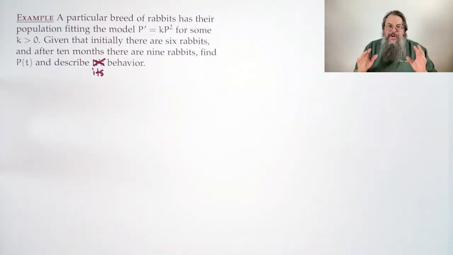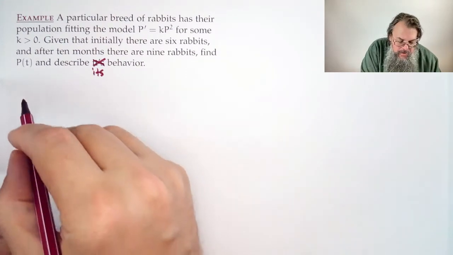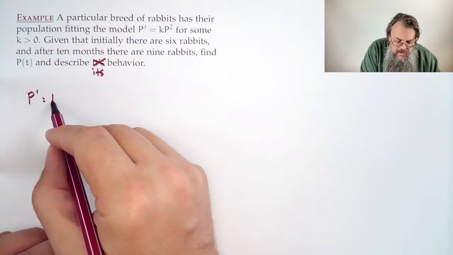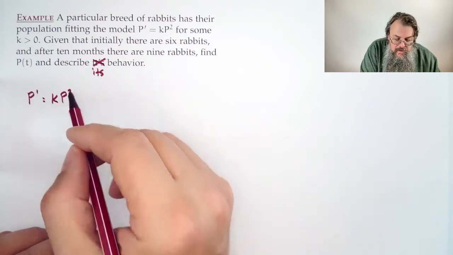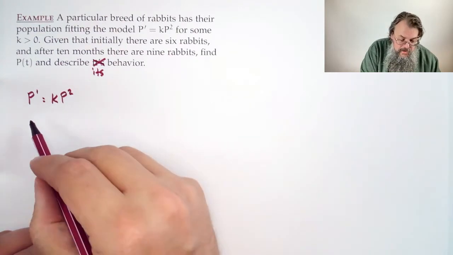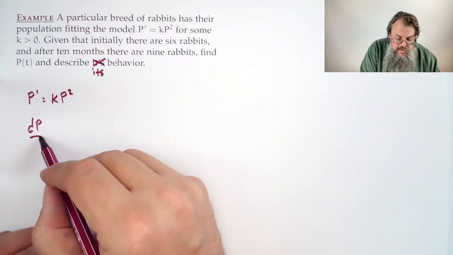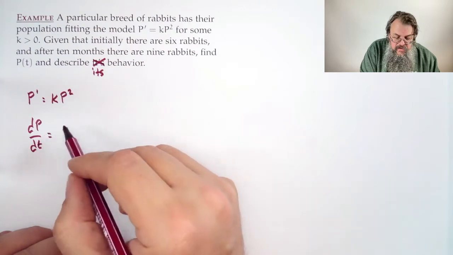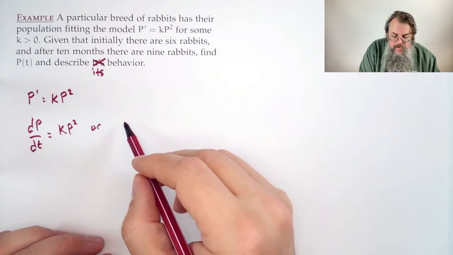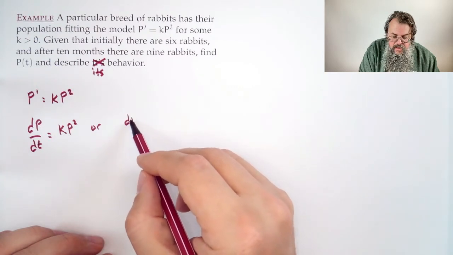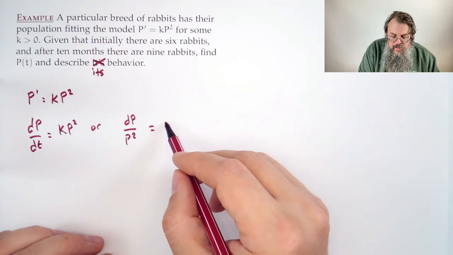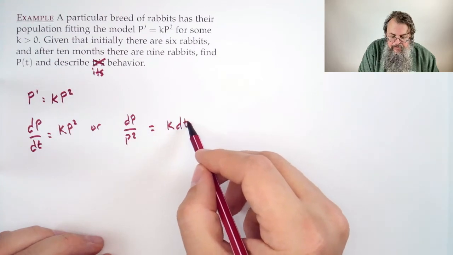All right, well, here we go. Now, this one, we haven't been given a formula, but that's because it's not so bad. This follows the formula of a separable differential equation. So, in other words, we can say, look, dp dt is equal to k p squared, or we could say dp over p squared is equal to k dt.